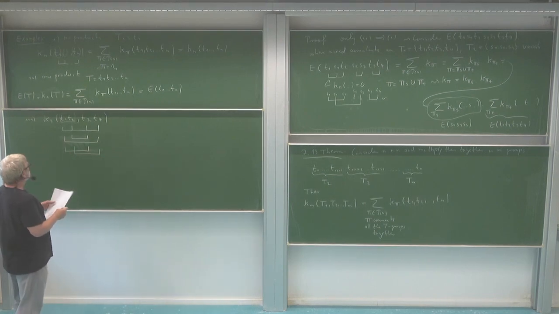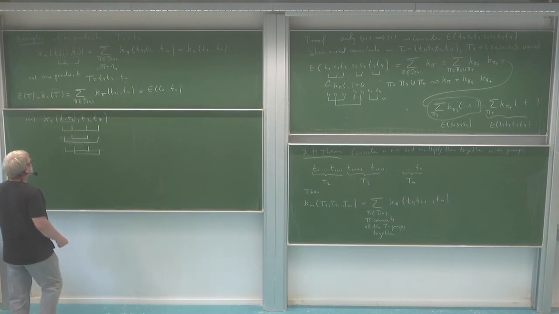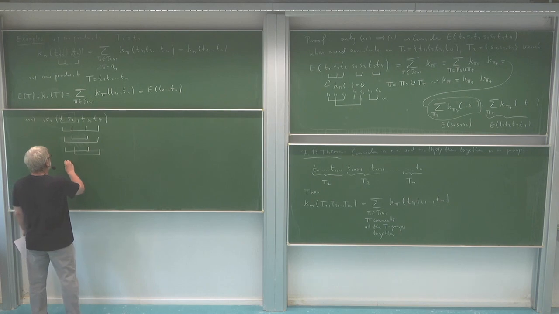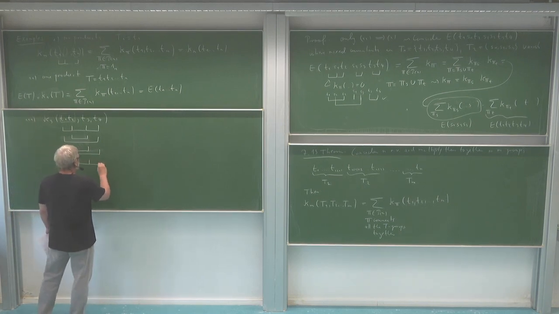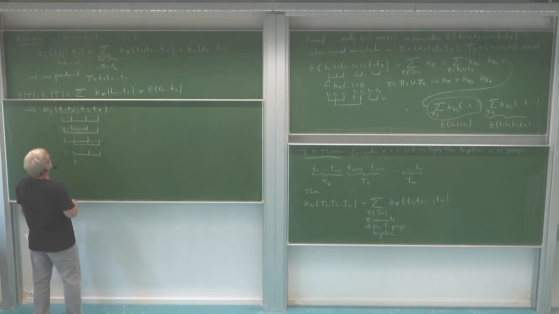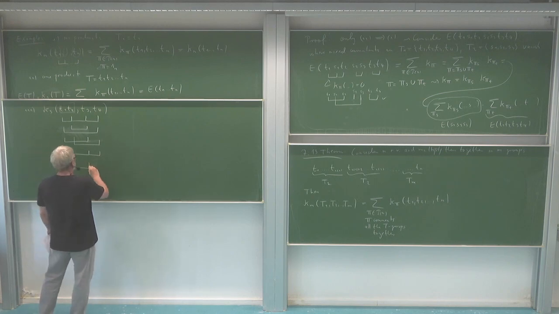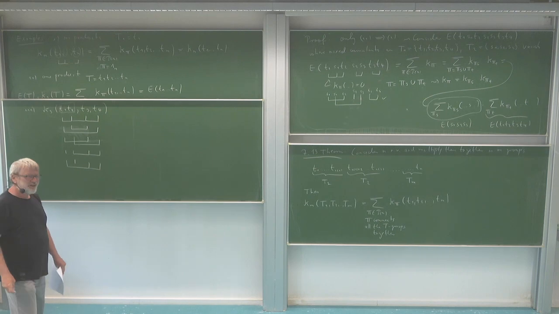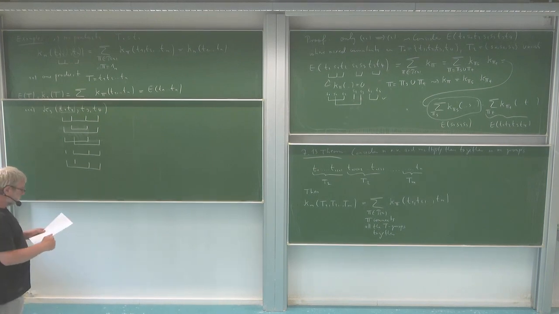Or it could be that one of them connects to the other two, and the other one is alone. So T1 could be alone, but T2 makes a connection to the other two, or T2 is alone, and T1 connects to the other ones. I think that's all of them, unless you see some more.